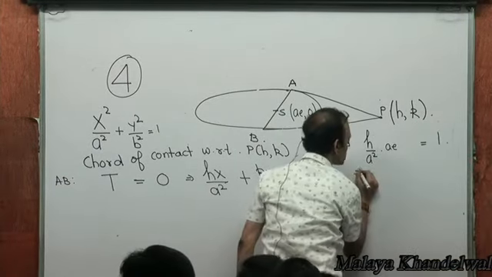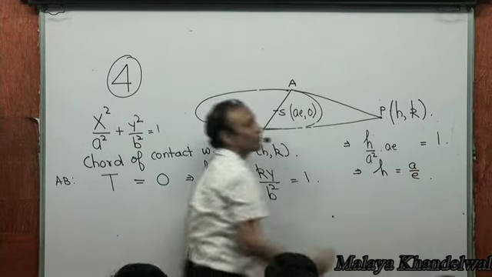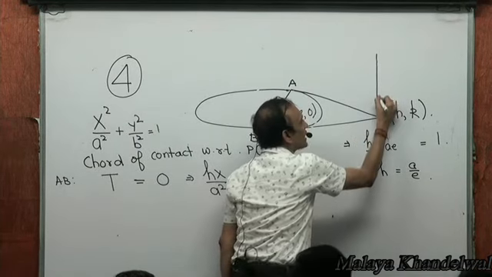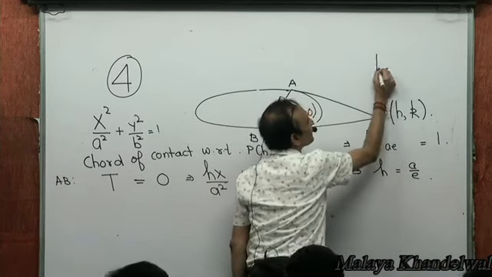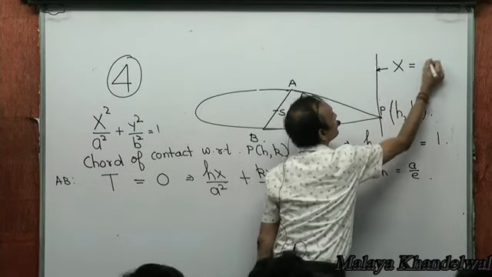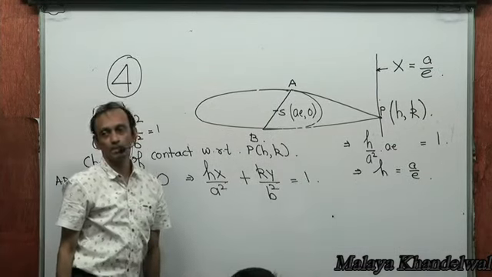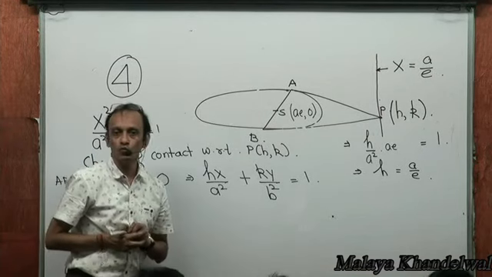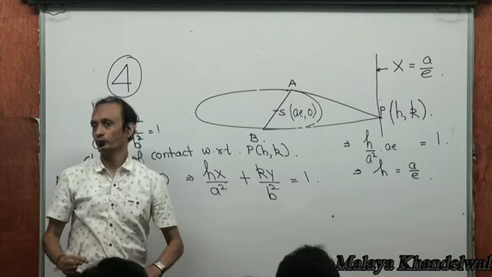So this gives me the x coordinate of the point P. h is a by e. That means for all P's, the P's will always have their x coordinate equal to a by e. That means the locus of P is the line x equal to a by e, which is necessarily the directrix of the ellipse. Yes or no? Right? So this is a result you might even want to remember.